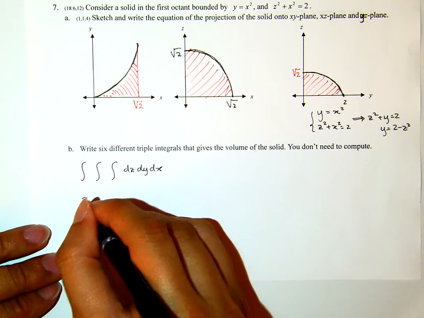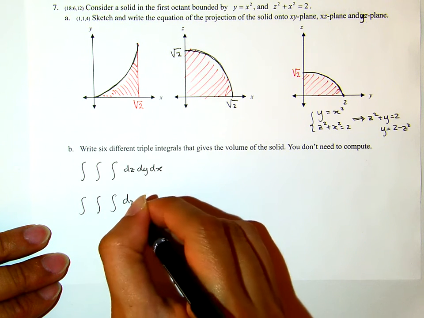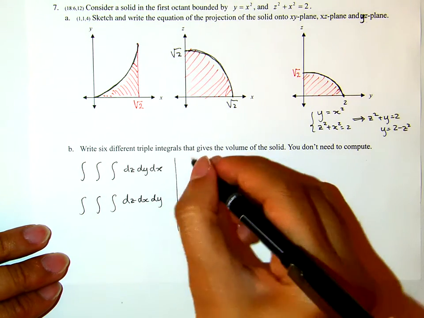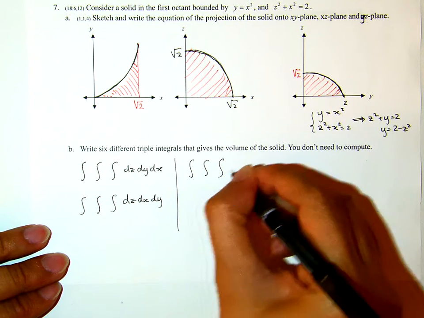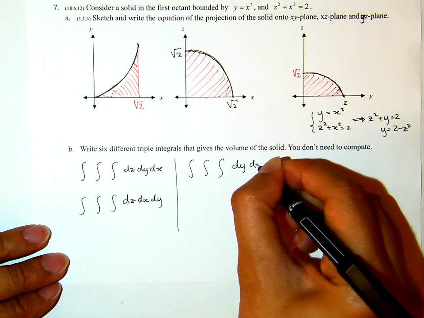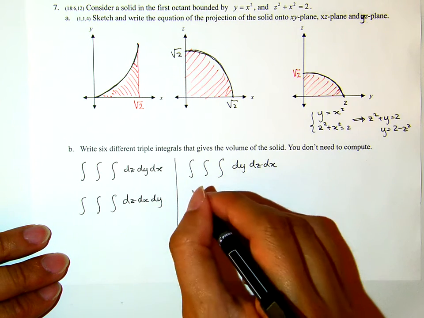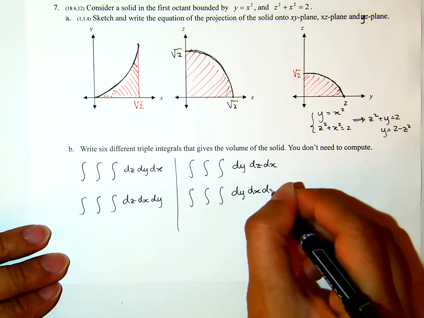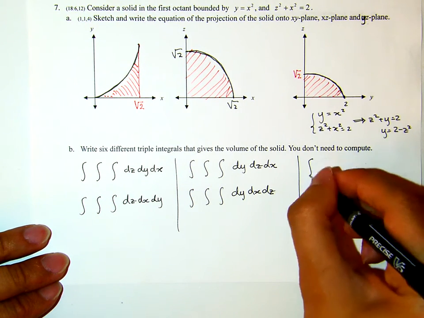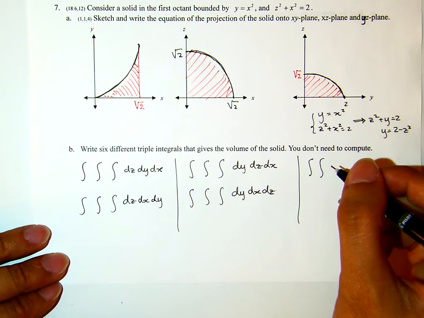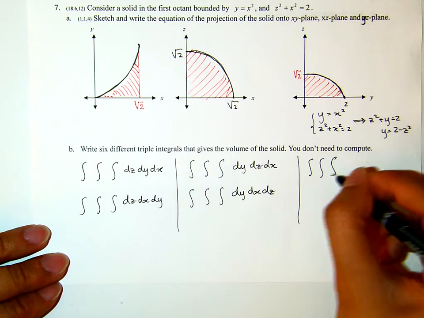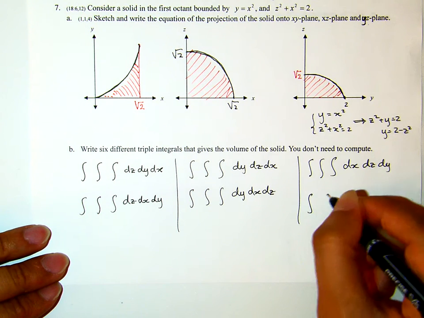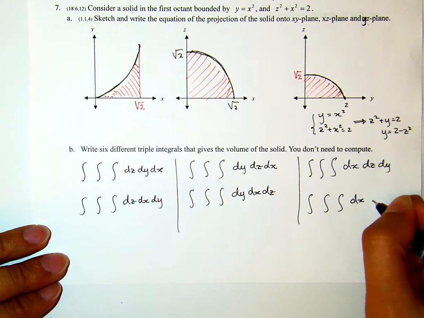Let's write all 6 first: dz, dx, dy, then dy, dz, dx, dy, dx, dz, and the last ones are dx, dz, dy, and dx, dy, dz.